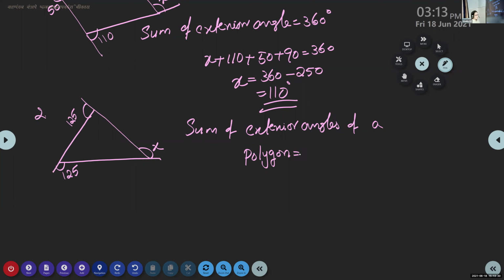Sum of exterior angles of a polygon is equal to 360. So 125 plus 125 plus x equal to 360, so x equals 110.